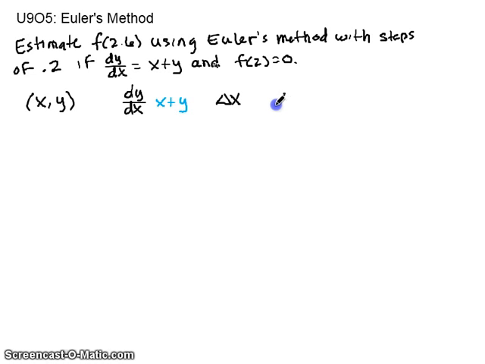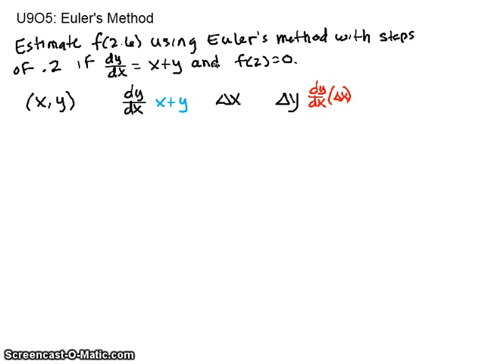Our next column is going to be delta y. How we're going to find delta y is we're going to take dy dx and multiply it by delta x. So your delta x and your dx are going to kind of cancel, because that d in dy dx is the same thing as delta. So we're going to end up with just our delta y, or our change in y.